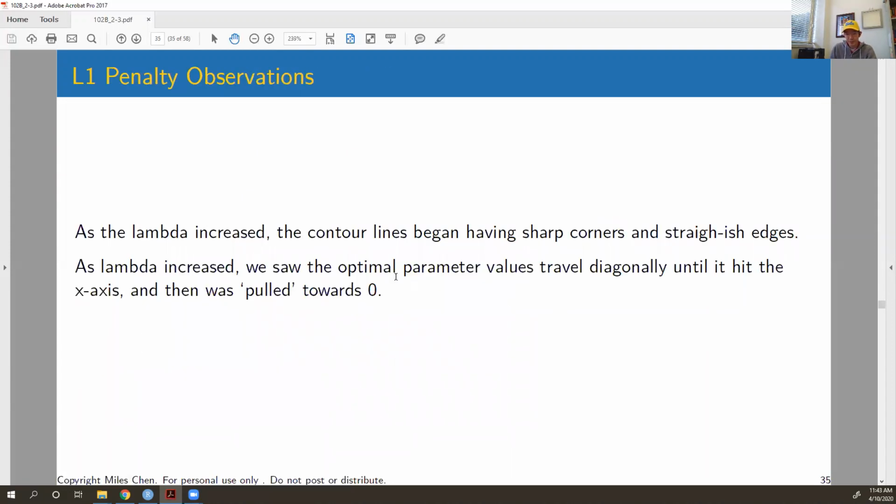As a summary, as lambda increases, the contour lines begin to have sharp corners and straightish edges. And what we saw is that the parameter values traveled diagonally until they hit the x-axis and then were pulled towards 0.